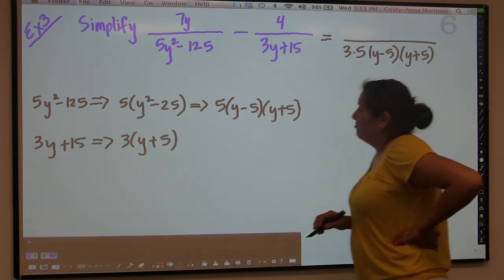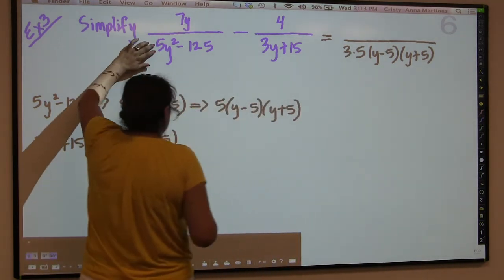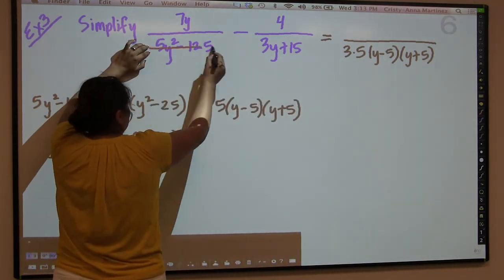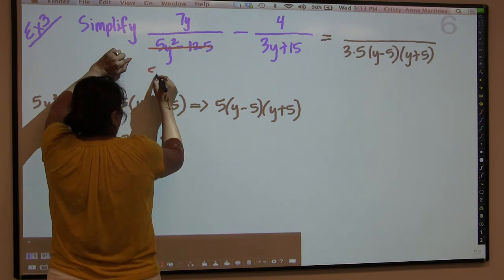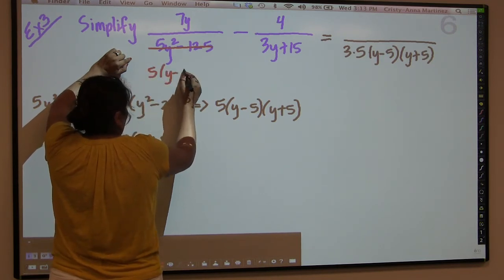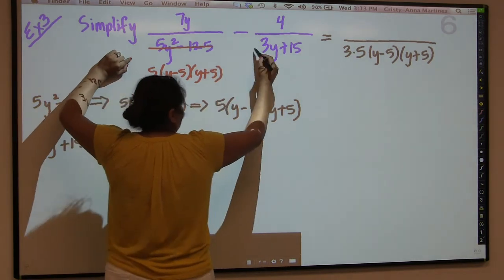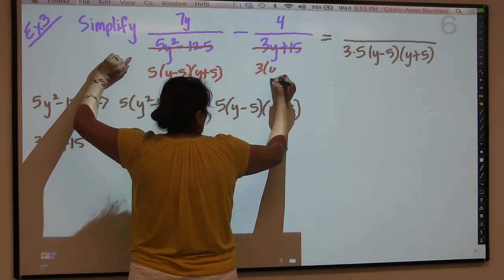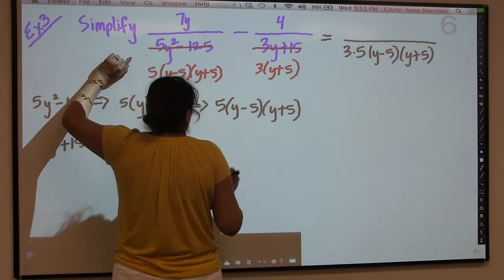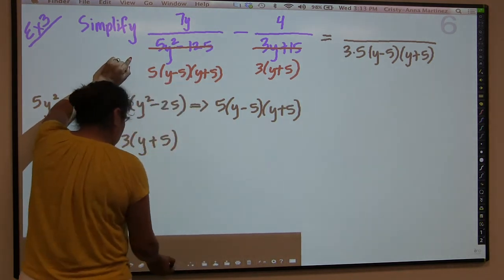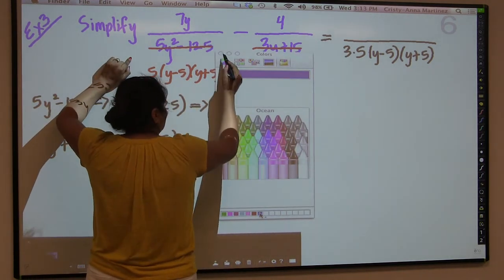And now I need to multiply this guy by what it's missing. So you remember that this has been replaced with 5 times y minus 5 times y plus 5. And this guy has been replaced with 3 times y plus 5. So we are going to be multiplying by whatever it is missing.